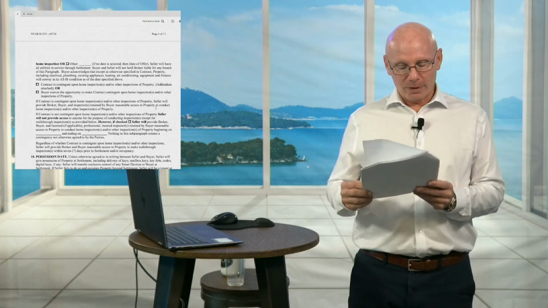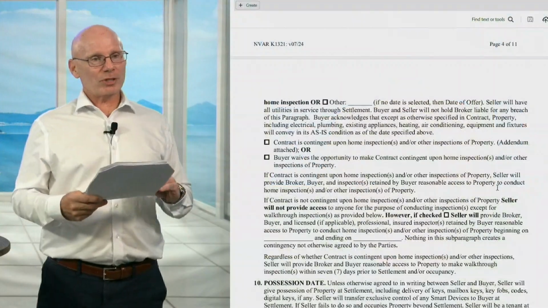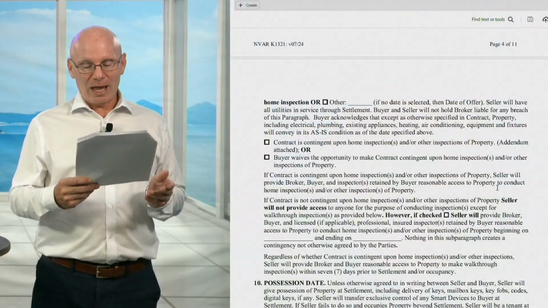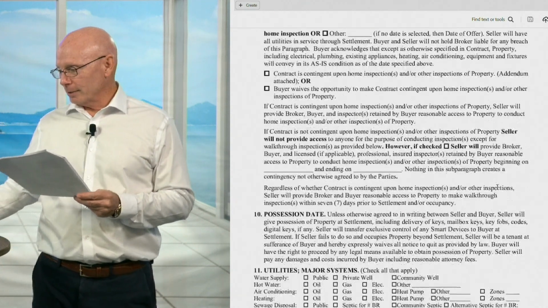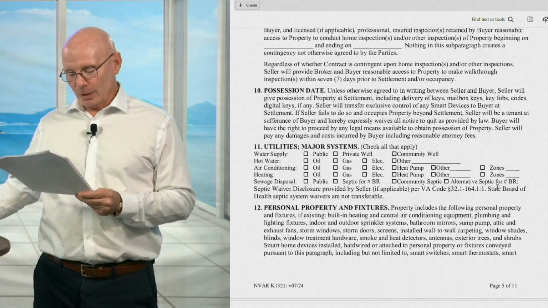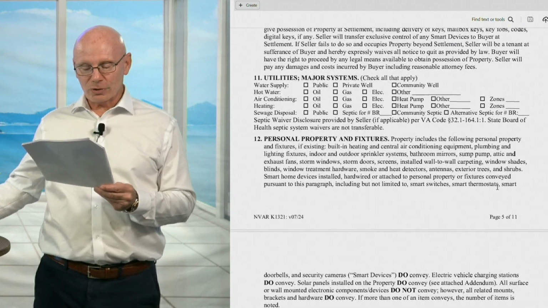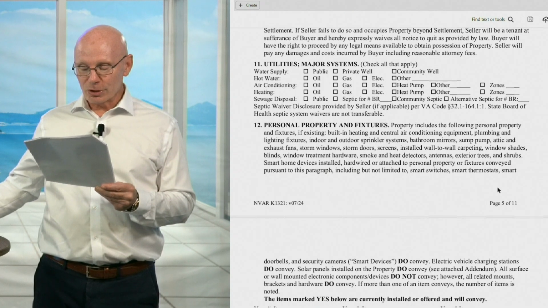Paragraph 12 is your personal property and fixtures. This is just going to tell what's going to convey with the property. And some of the things I'm going to point out here is evident, but it says your existing and built-in heating, air conditioning equipment, plumbing, light fixtures, indoor, outdoor sprinkler systems, bathroom mirrors, right?